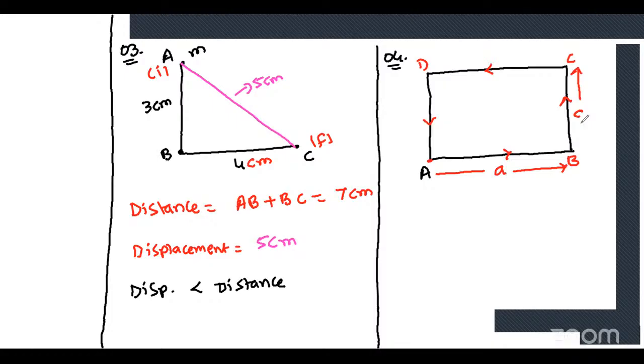Now I want to know the distance and displacement.